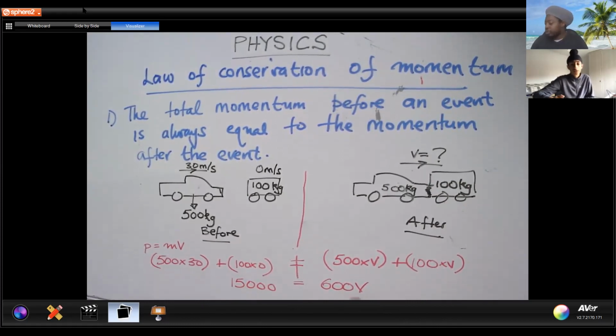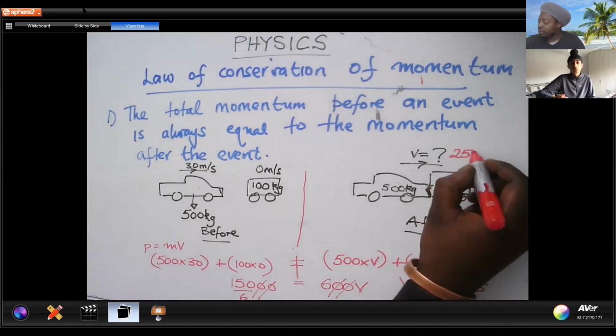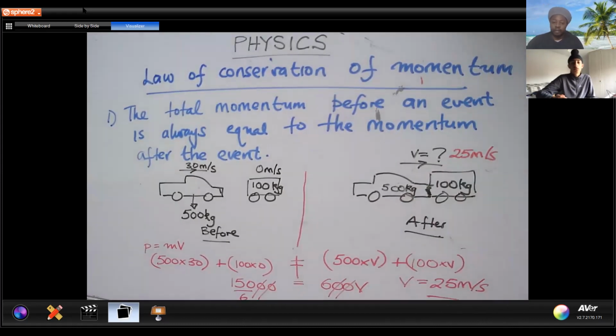So now it's just algebra really to work out V. It's 15,000 divided by 600, or 150 divided by 6, we should get 25. So V equals 25 meters per second. You're absolutely right. So they will travel off together at 25 meters per second, just purely by applying the conservation of momentum law.